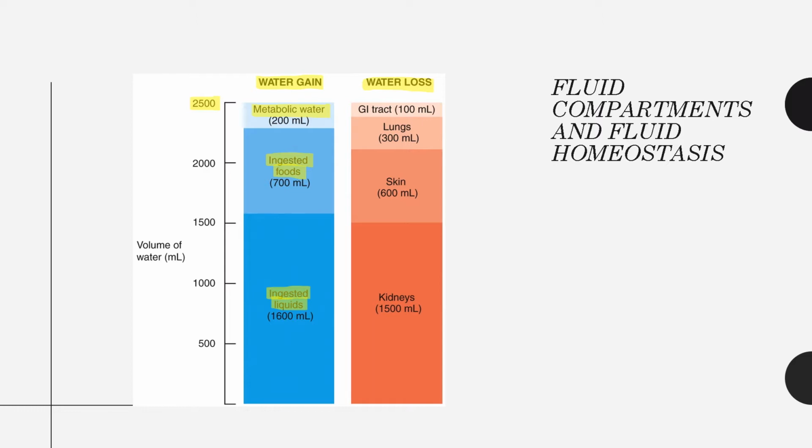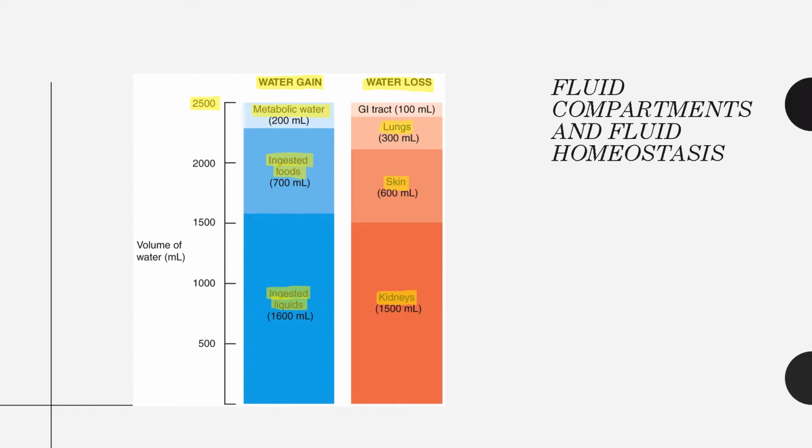Now, normally your body fluid volume remains pretty constant because water loss is going to equal water gain. Now, water loss can occur in 4 ways. Each day, the kidneys are going to excrete about 1,500 mils in urine. The skin is going to evaporate about 600 mils.